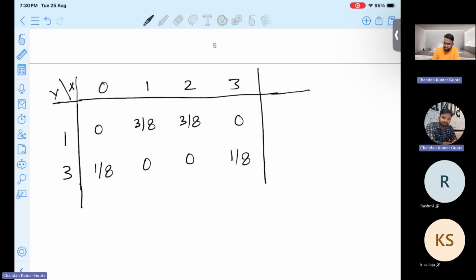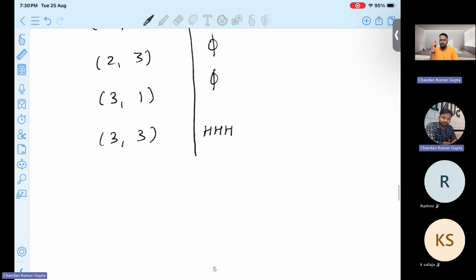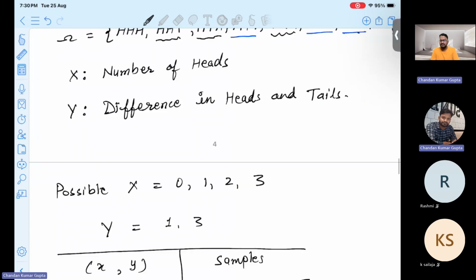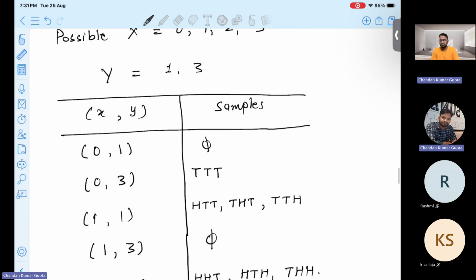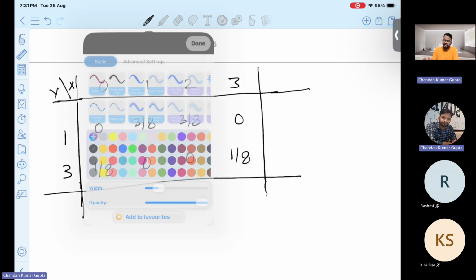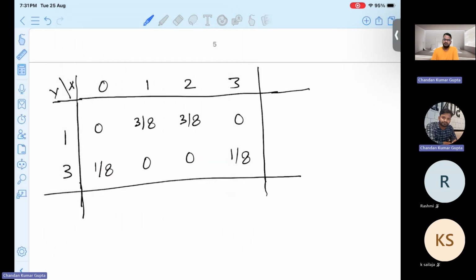So this is how you can define the joint probability mass function of the random variables when the random experiment is tossing 3 coins simultaneously and the random variables are defined as number of heads and the difference in heads and tails. And from here, we can calculate the marginal probability mass function. So we can sum over y.